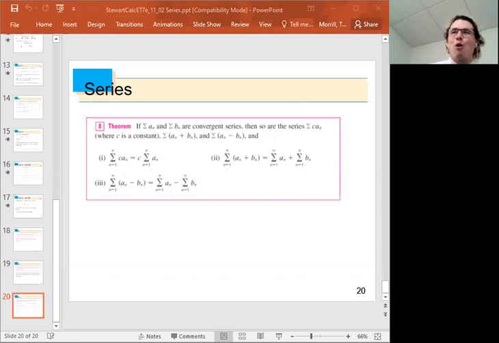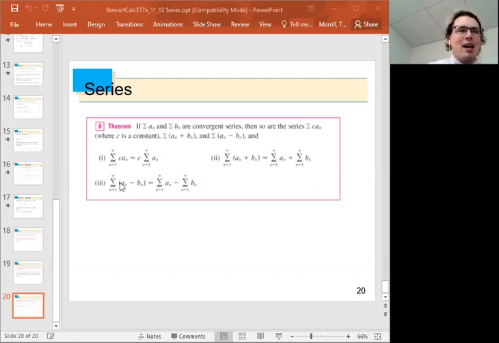Once we get more formulas up our sleeves, we won't be using these techniques directly every single day, but we got to start somewhere. Finally, the last rule that I want to talk about on this slide is the difference rule. And this is just the addition rule, but for subtraction.